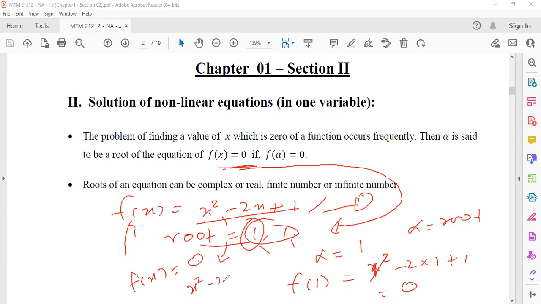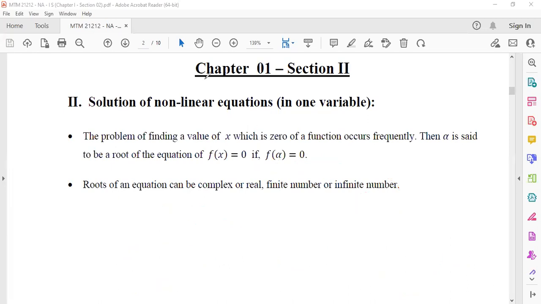We equate the expression 2x plus 1 to 0, then solve that equation. So for the function, they equate it to 0, then substitute alpha into that equation. If you get 0, they say this is a root of the equation. I hope you all understand these concepts.